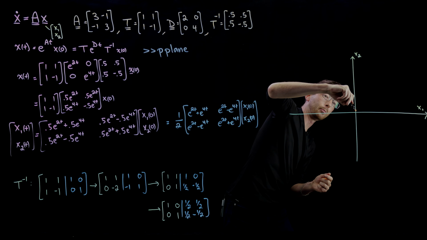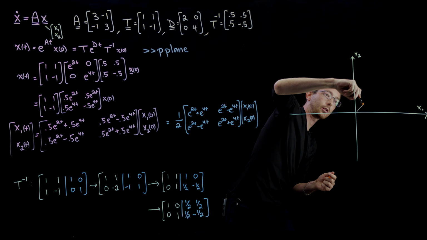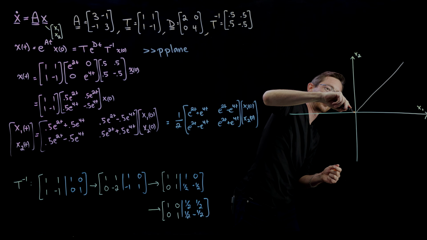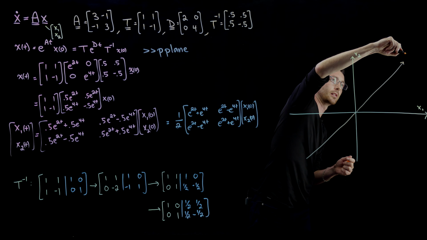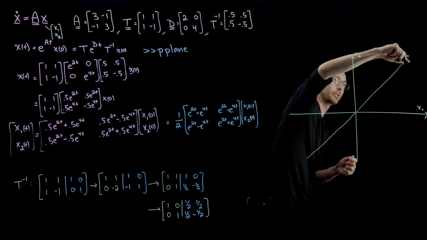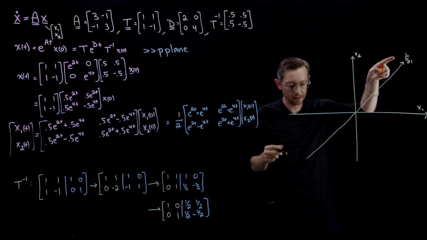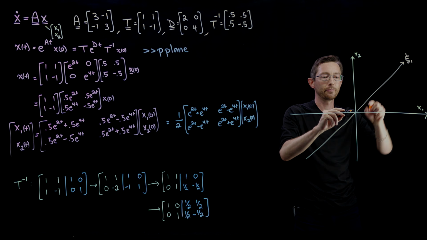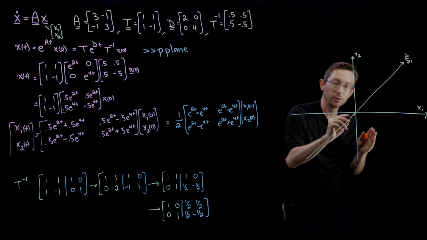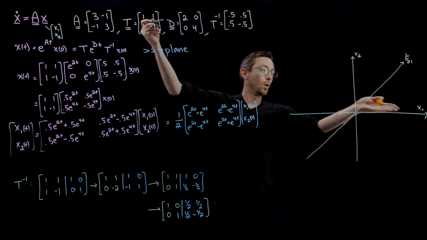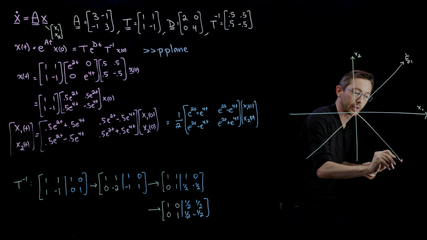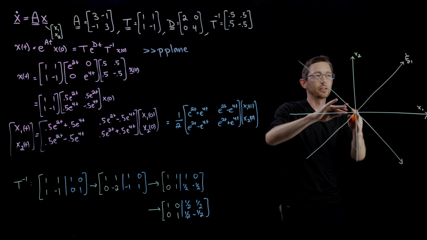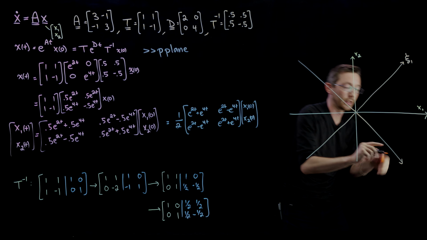I'm just going to draw that whole plane, that whole direction of xc1. Sometimes we call these eigenvectors xc. So this is the xc1 direction, and then the xc2 direction was in the 1, minus 1 direction. So this is the xc2 direction, and I'm drawing the whole xc1 and xc2 planes.